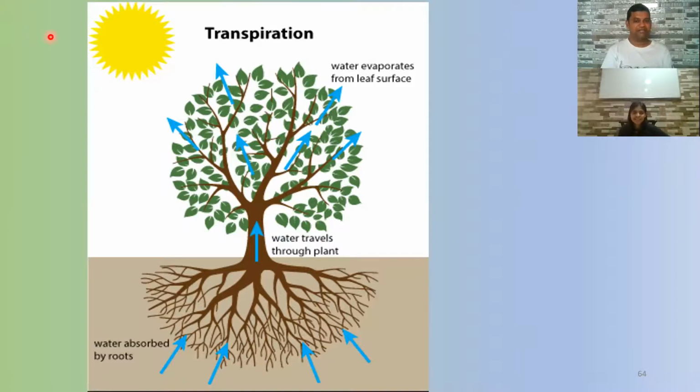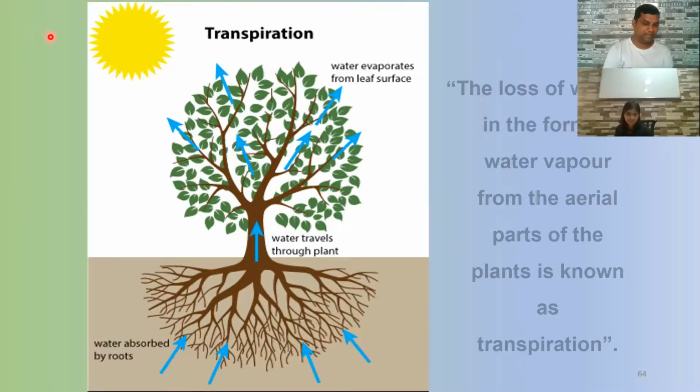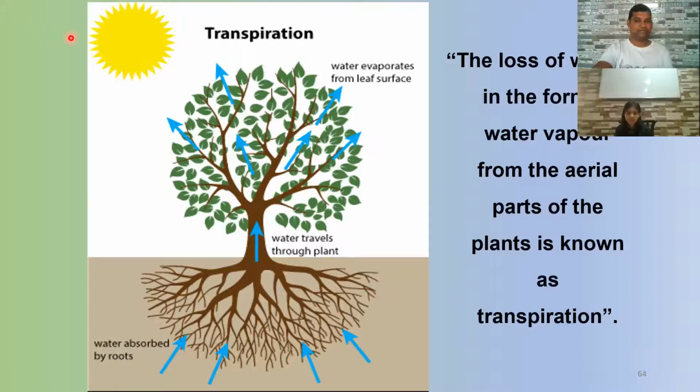Until now we have seen the term transpiration, and we have also learned its meaning. What is transpiration? The loss of water in the form of water vapor from the aerial parts of the plant. It is most commonly the leaves, but not only the leaves.